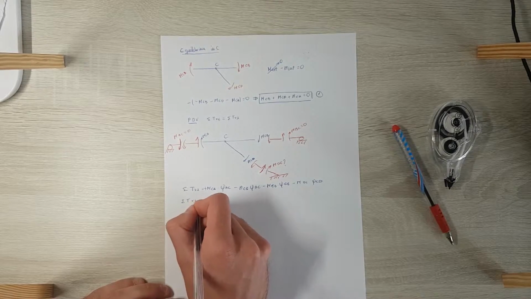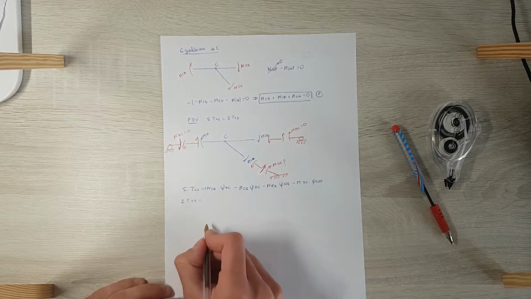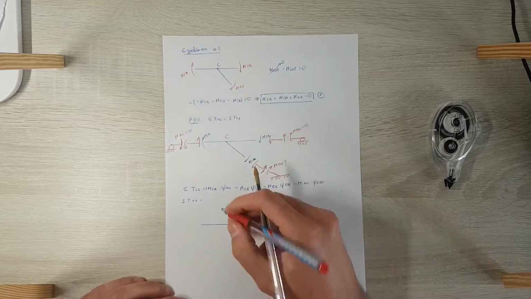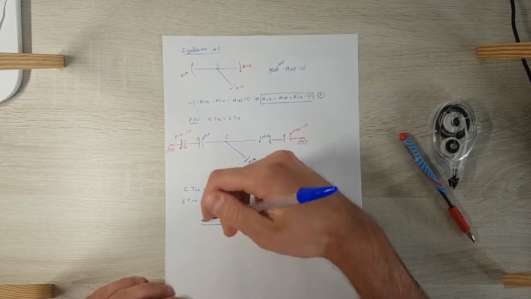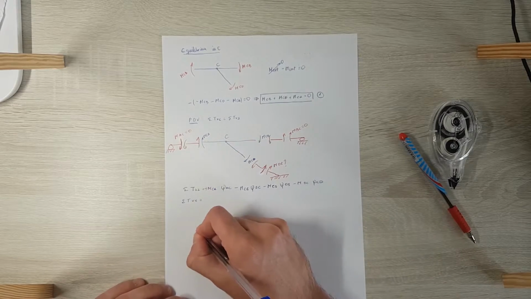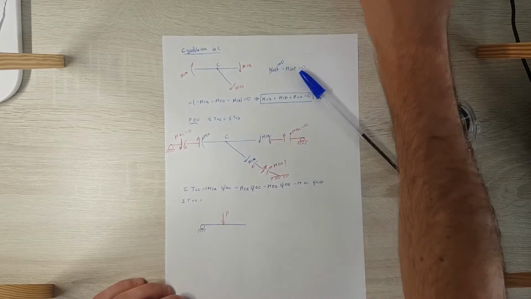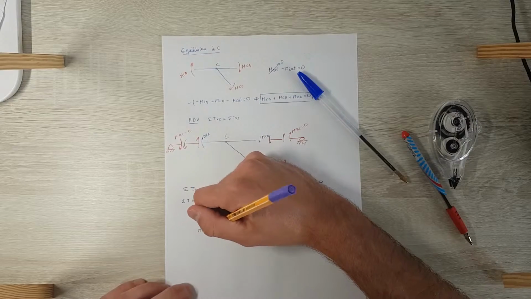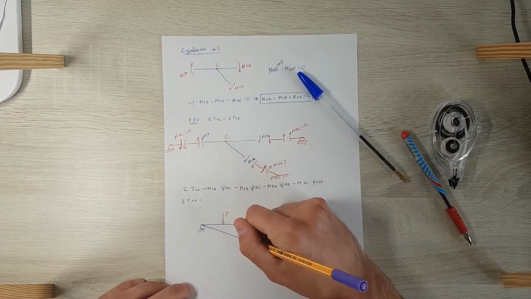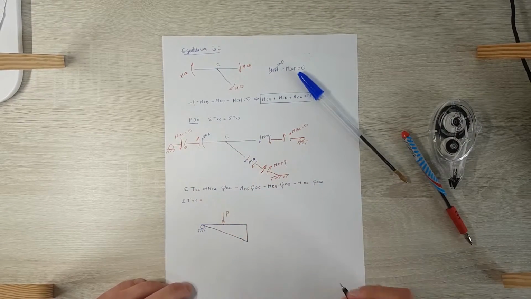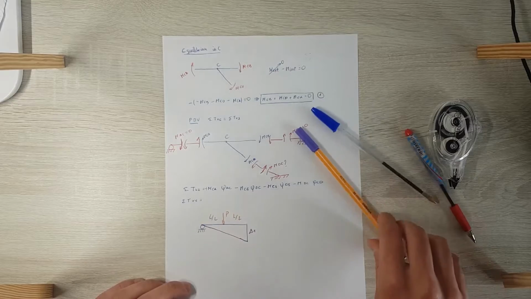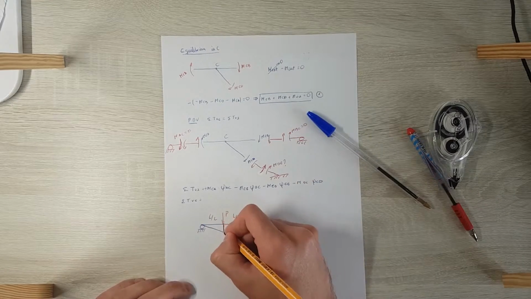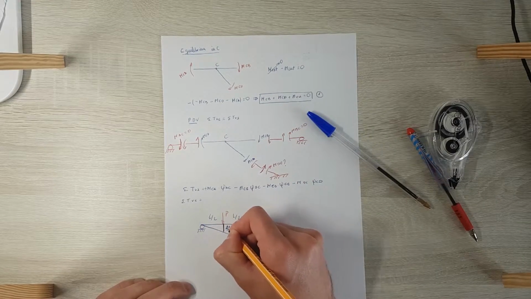And finally, the summatory of the external work. We have an external load P, and the virtual displacement was like that, with this delta 1 here. Because these distances are L halves and L halves, we will have here delta 1 divided by 2.